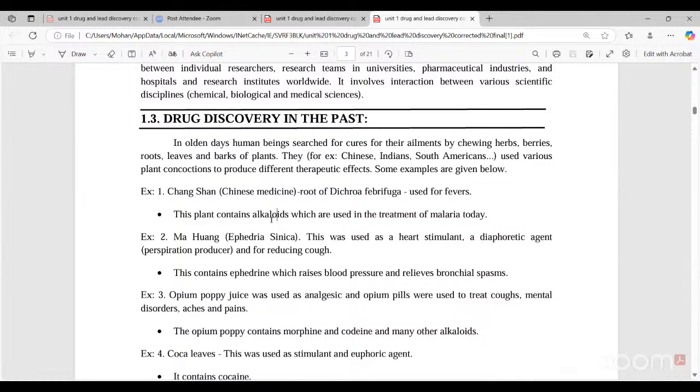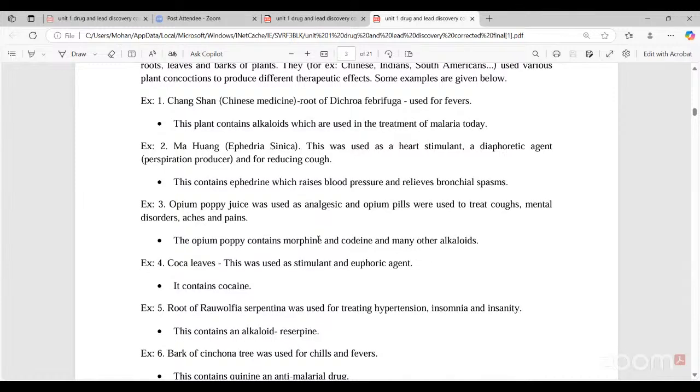You know that alkaloids. In natural products we have a variety of classes like alkaloids, terpenoids, steroids, carotenoids. So all these are classes of natural products. This particular Chinese medicine, which has alkaloids, is used to treat malaria.